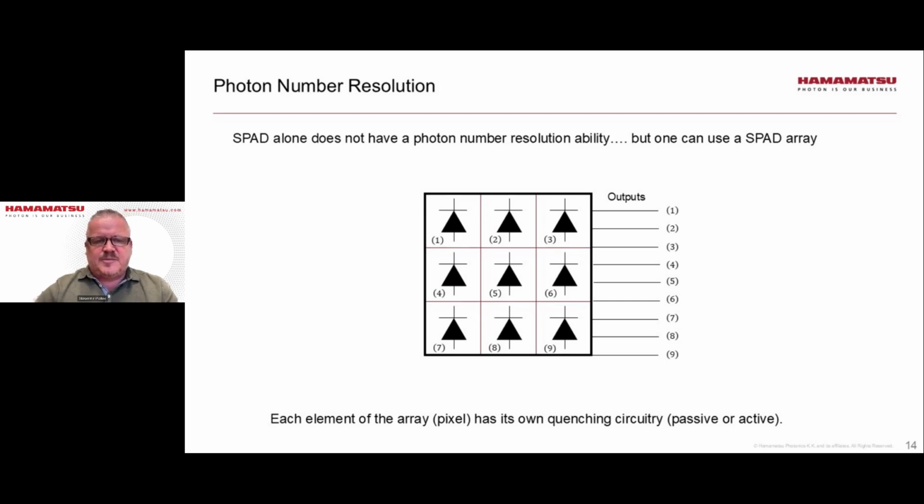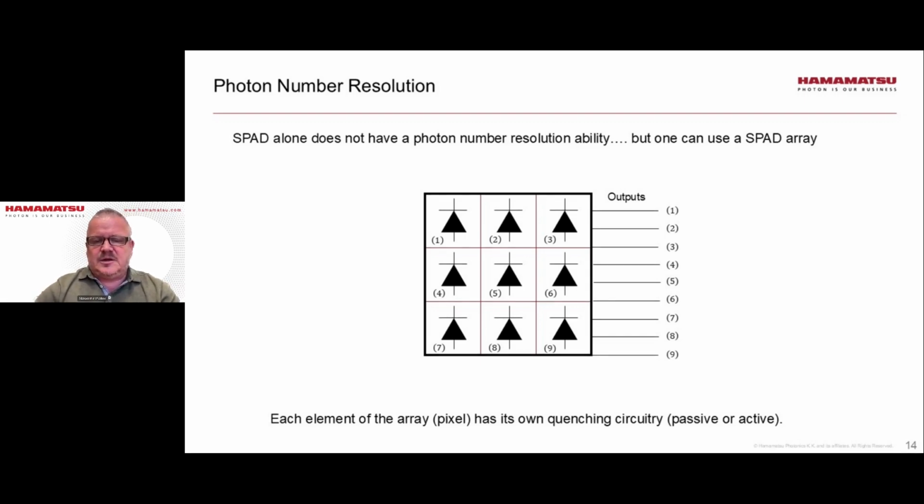A single SPAD by its nature does not have photon number resolution. Again, 1, 10, 50 simultaneous photons will simply produce one waveform. However, you can achieve photon number resolution, i.e. we want to measure how many photons we have in a photonic pulse or light pulse, using an array.